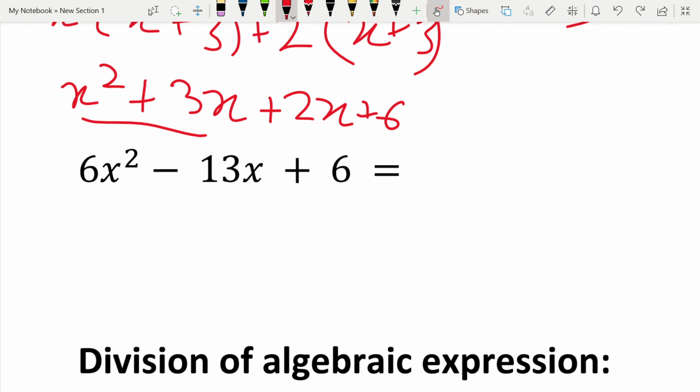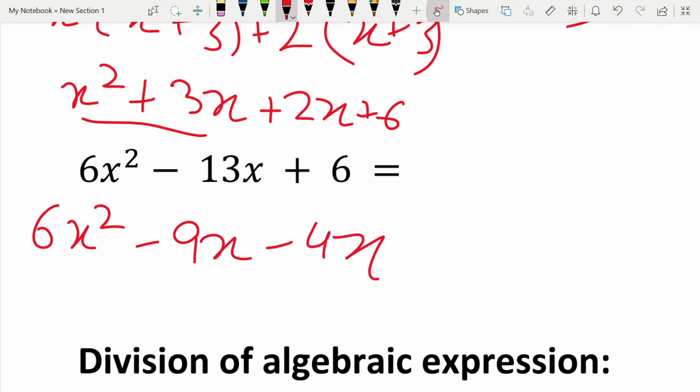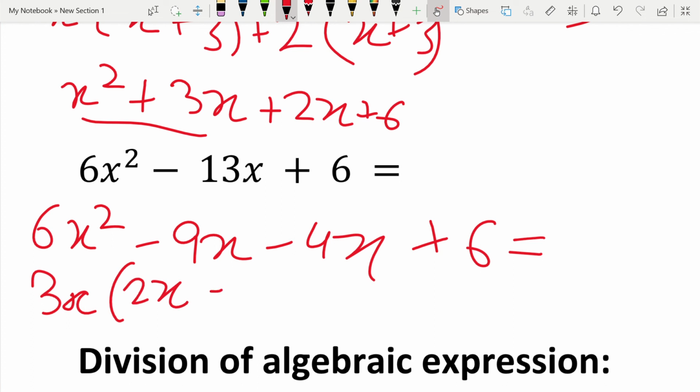We do 6x squared minus 9x minus 4x plus 6. What have we got common? We've got 3x common, so we have got 2x here, and we've got minus, what's in there? We've got 3 left. Good job.